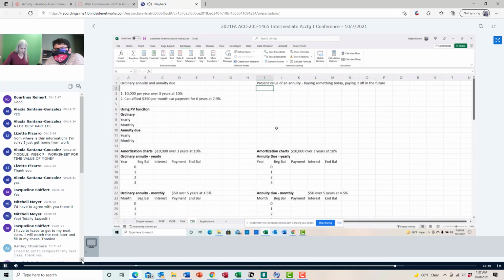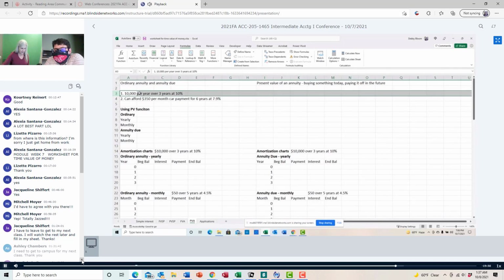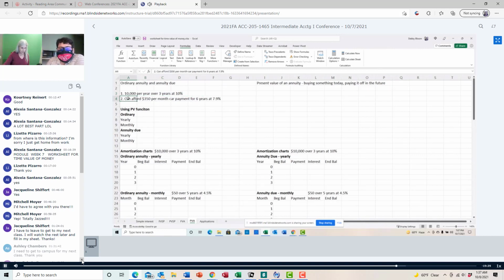Okay, so the first problem that I have with present value of an annuity, they're asking us to take the present value of $10,000 per year over 3 years at 10%. A better problem that I can use to illustrate this: suppose you're going car shopping and you know that you can afford $350 a month, right?